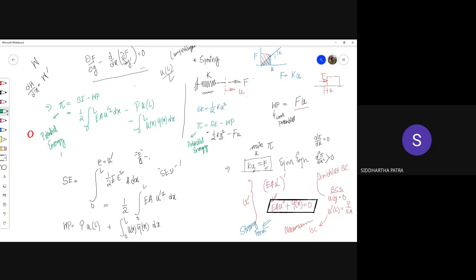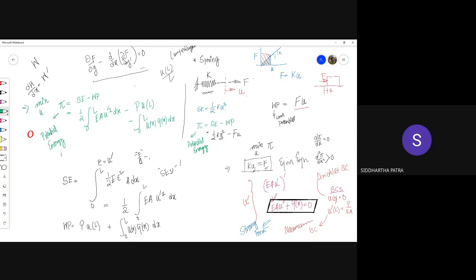Now, what sort of equation gives us the functional form? Obviously, a differential equation. And how do we arrive at that differential equation? We need to minimize the potential energy.